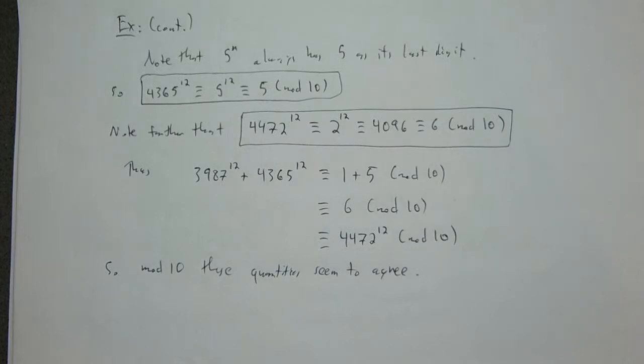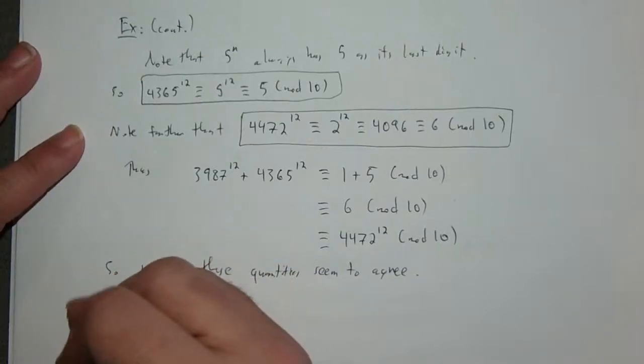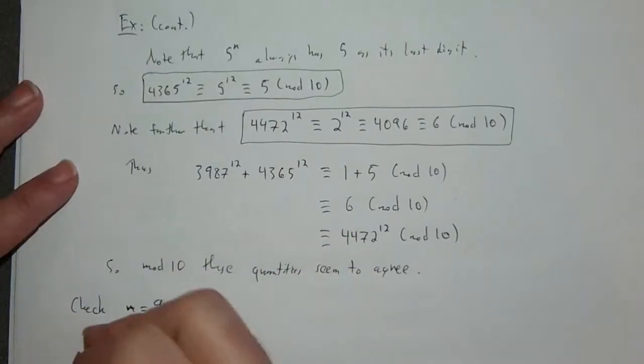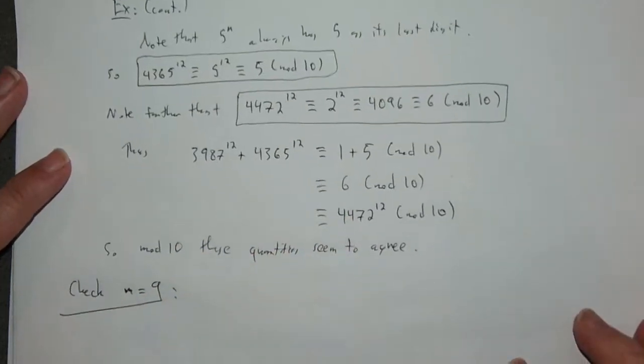So it's a little bit of evidence that maybe they're equal. Of course, we're spoiling ourselves here, because we already know that they can't be equal. So we know that this has to fail for some m. And so we check m equals 9, the mod 9 case.